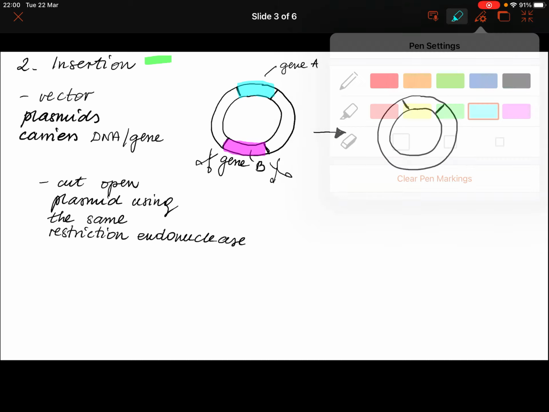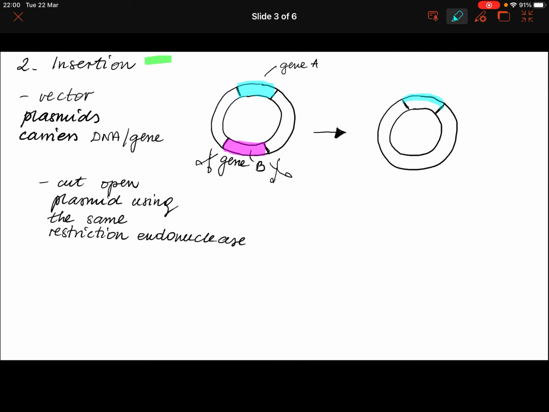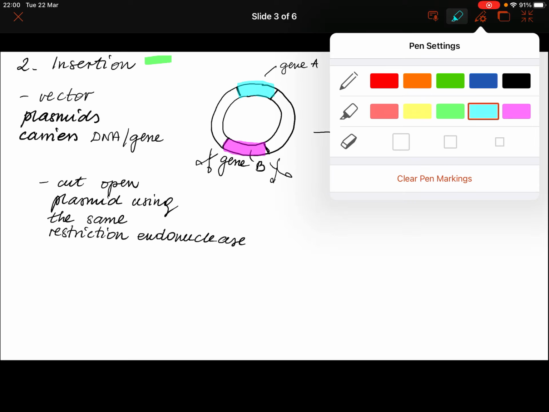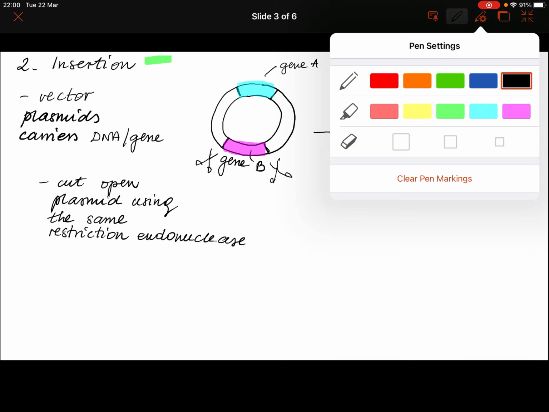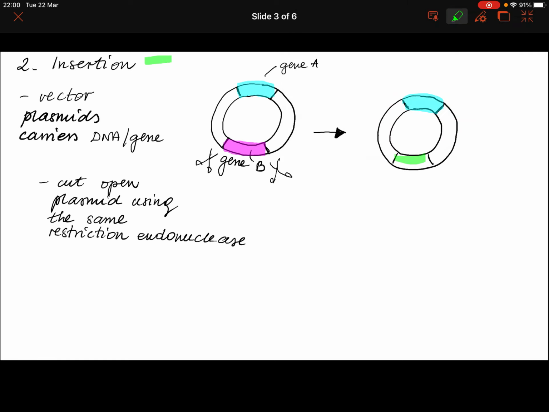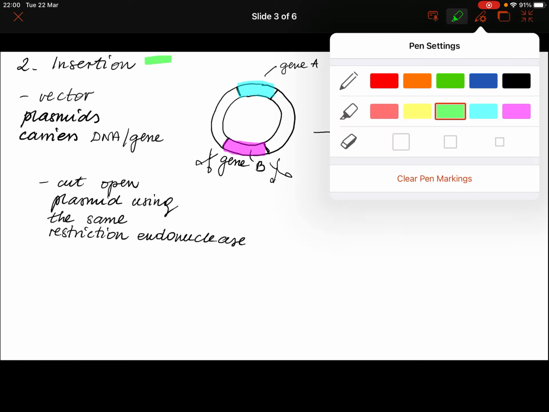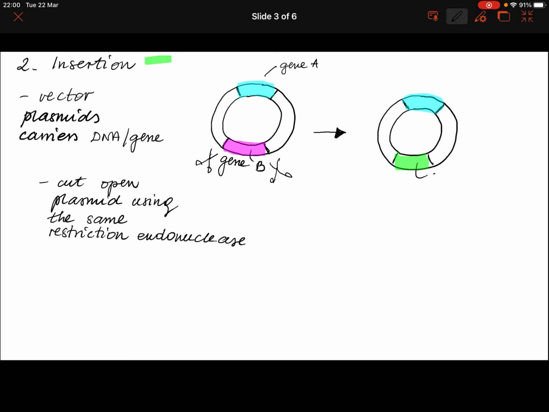So now my modified recombinant plasmid will still carry the gene A, telling me about the antibiotic resistance to amoxicillin. However, this gene B now will be replaced with my sticky ends. So I'm putting the sticky ends here.